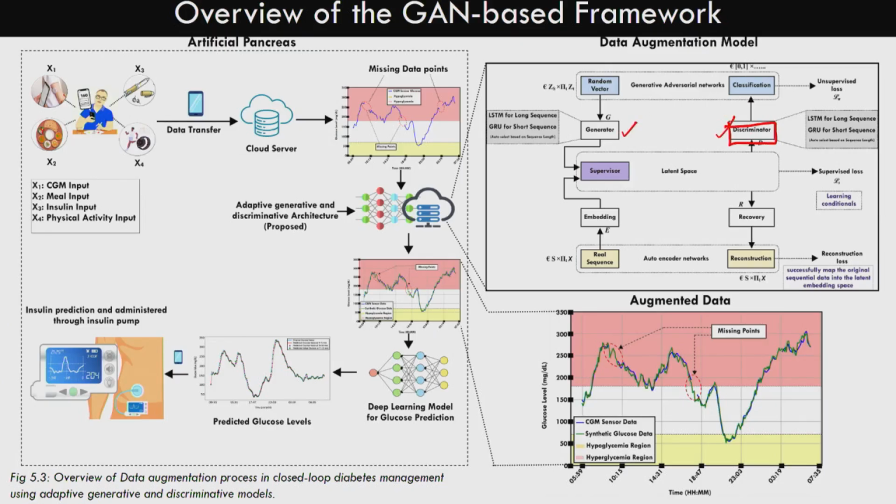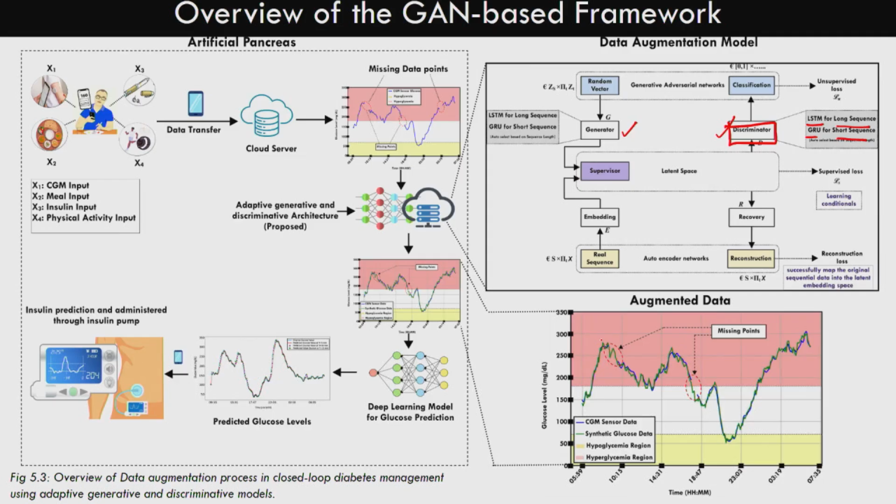We observed that if you use LSTM for long sequences, you have a better discriminator, and if you use GRU for short sequences, you have better results, rather than using a single model for all sorts of sequences. Let us say I want to generate 60-minute data, that is a long sequence, then I would go for an LSTM as a discriminator, and otherwise I would go for GRU as a discriminator. So, if you use this kind of distinction, you can see it performs quite well.